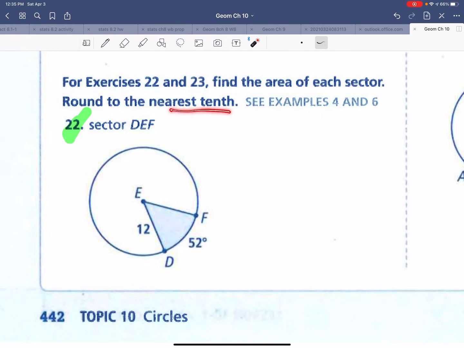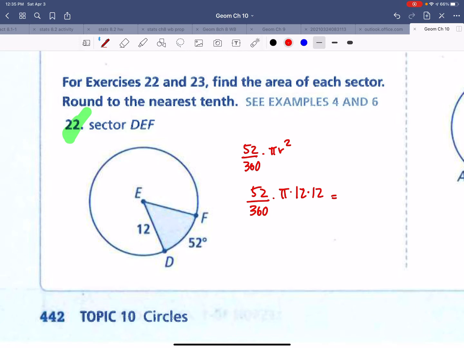So it says round to the nearest tenth. So we have 52 over 360 times the area, pi radius squared. So pi times 12 times 12. And I'm just going to turn this into a decimal, so I can just multiply all this together and then divide.